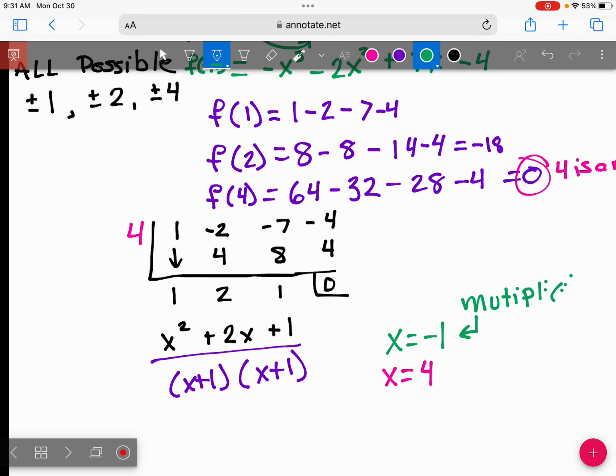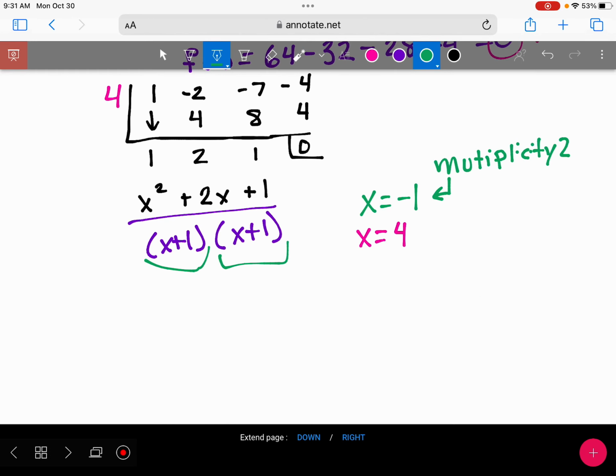Multiplicity. I can't spell it. Because there's 2 of them. Multiplicity 2. So my roots are -1 and 4. -1 has a multiplicity of 2.